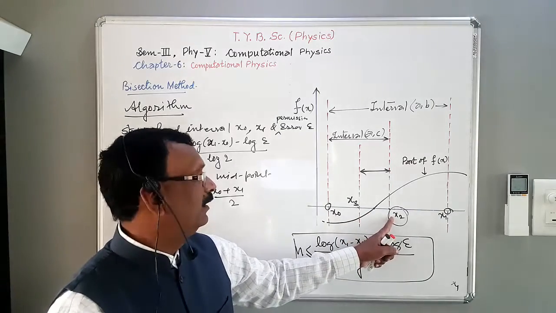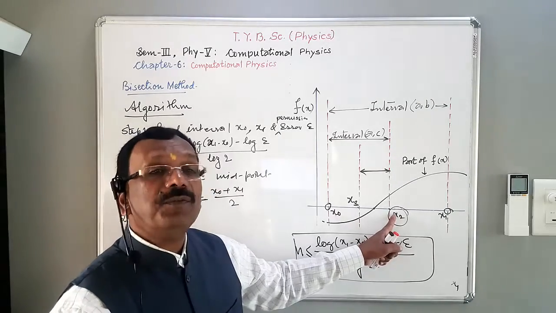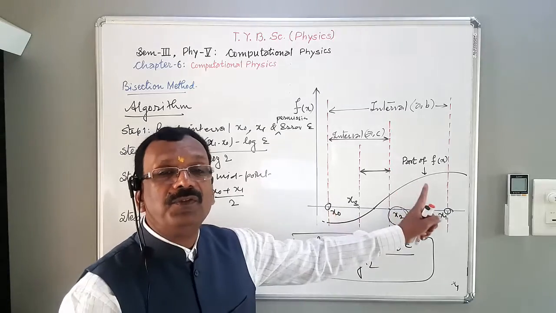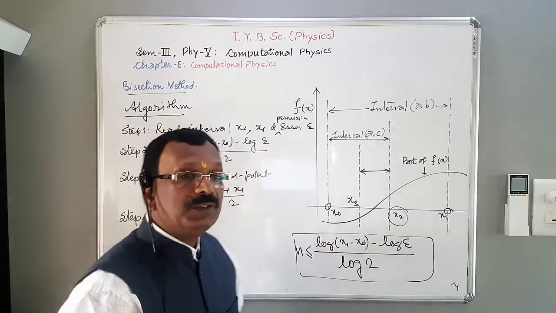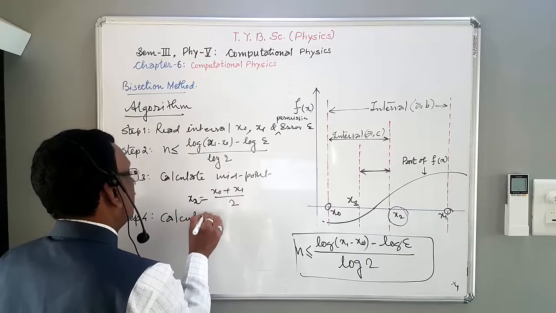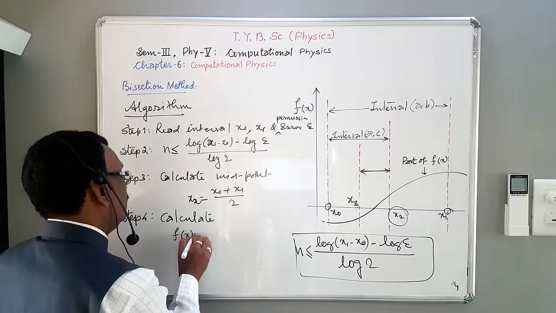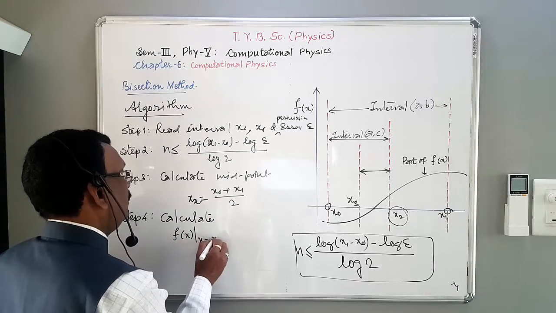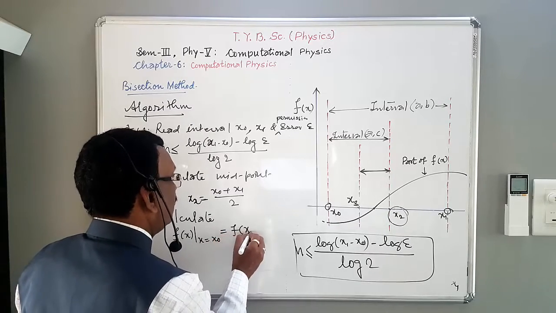Now in the next step, step number 4, after calculating the midpoint, we have to check the sign of f of x0 and f of x1, whether it is positive or negative. So in step 4, first calculate f of x at x equal to x0, that is f of x0.